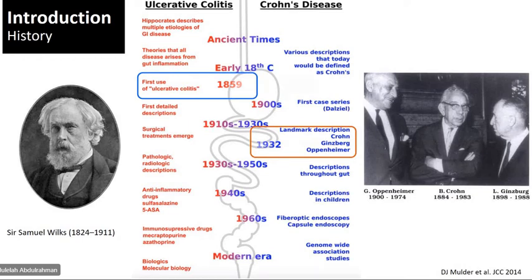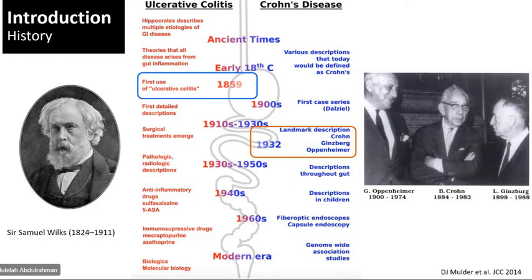So Ginzburg, with his colleague Dr. Oppenheimer, the surgeons, came to Dr. Crohn and asked him if he had some cases similar to what they had from their surgical specimens, where they had granulomatous inflammation affecting the terminal ileum, the last part of the small bowel, but they were negative for TB. TB at that time was the predominant explanation for granulomatous inflammation.